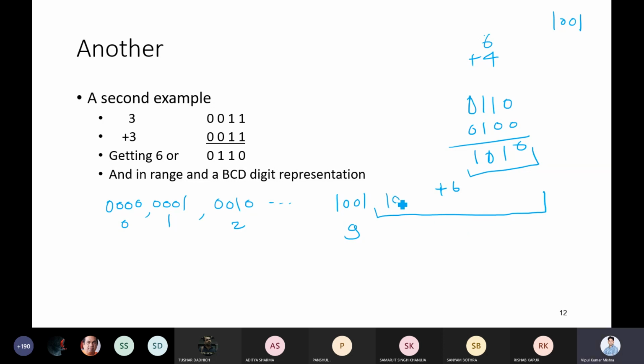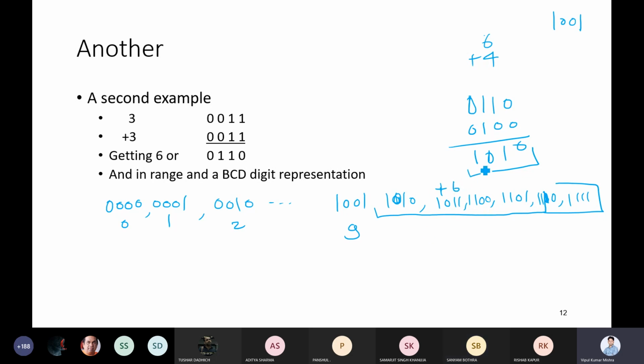So 10 is 1, 0, 1, 0, then 11 is 1, 0, 1, 1, then 12 is 1, 1, 0, 0, then 13 is 1, 1, 0, 1, then 14 is 1, 1, 1, 0, then 15 is 1, 1, 1, 1. So how many are we not using? 6. How much jump are we making for the representation of the next number? 6. So from this jump, this 6 is coming.